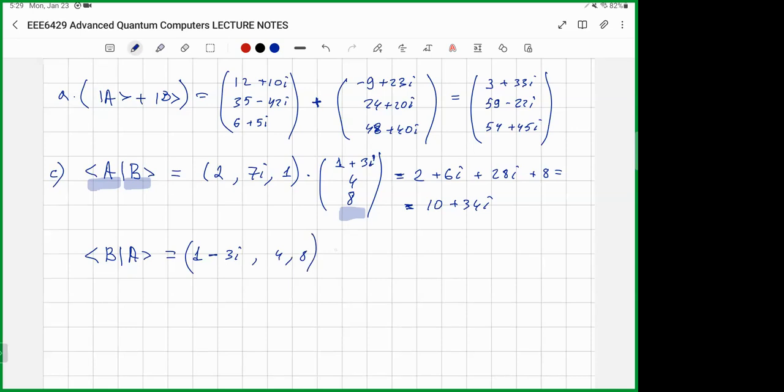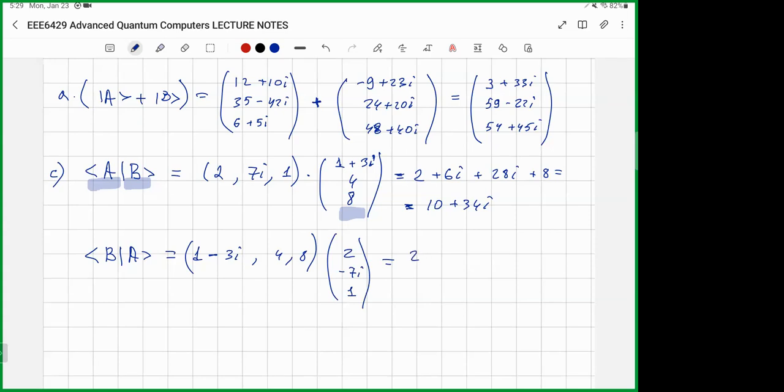And vector A in the ket representation is 2, minus 7i, and 1. Again, the same procedure. What do we get?